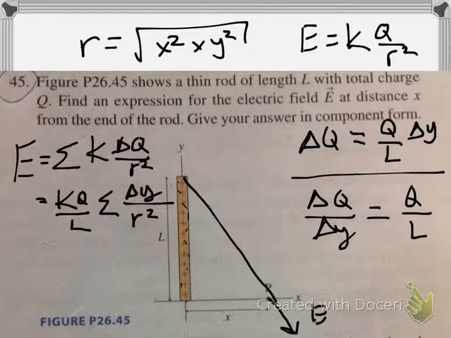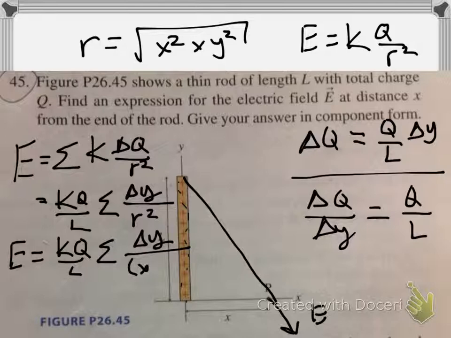Okay, so anyways, we can now say E is going to equal KQ over L, and then now we have the sum of delta y over x squared plus y squared.